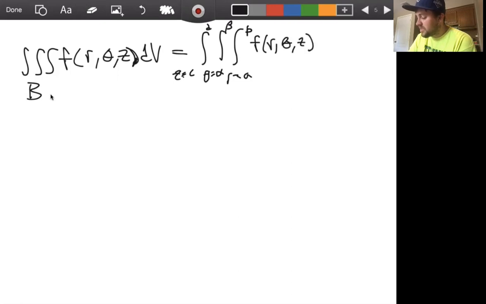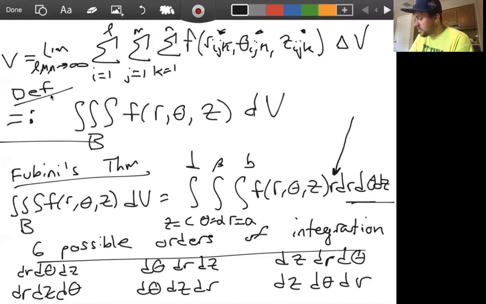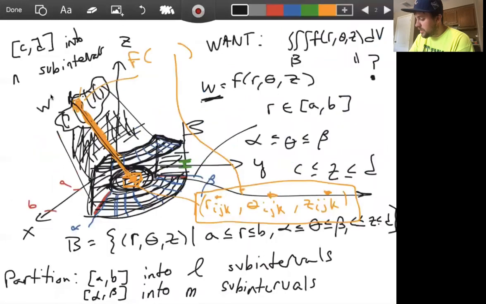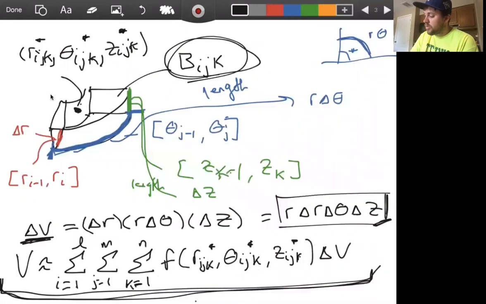And remember, dV is r dr d theta dz, right? And we saw this construction in the last video about how to take a cylindrical box, introduce your partitions of all the intervals, calculate the volume of the ijkth box, and then this gives you an approximate formula for the volume.